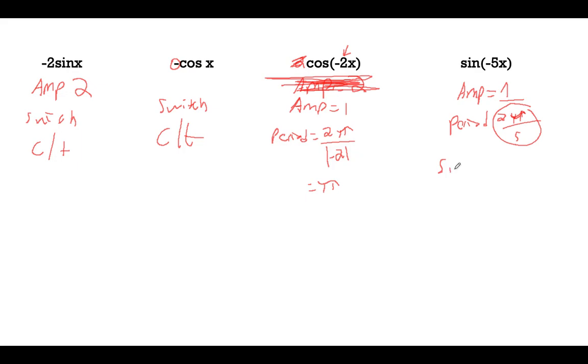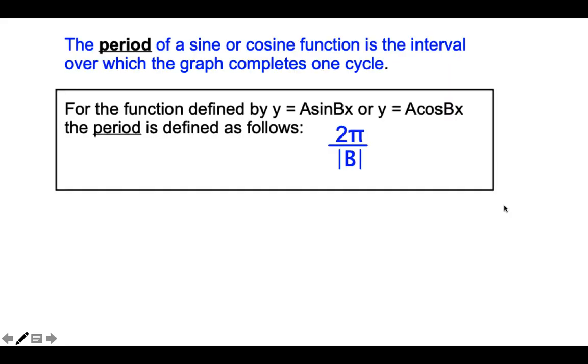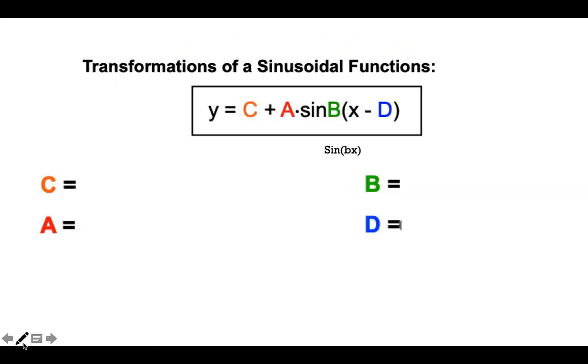And then you have to switch the crests and the troughs. Okay? And so those are the transformations we're going to talk about today. We talked about negatives, we talked about the amplitude, and we talked about our B value, which changes our period. So we looked at A and B.